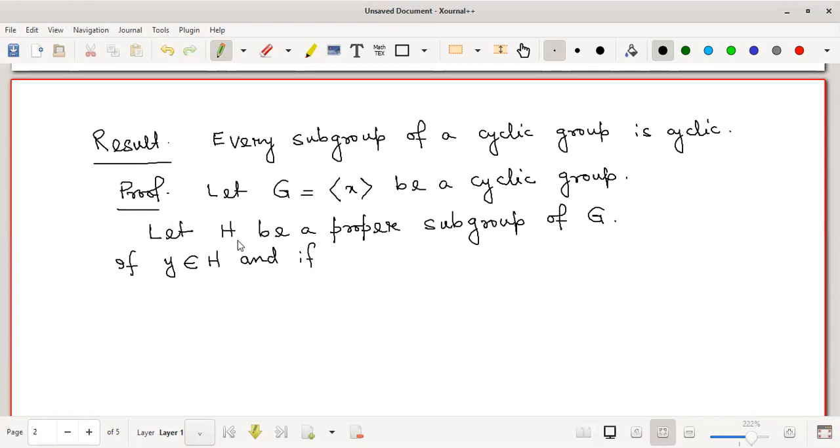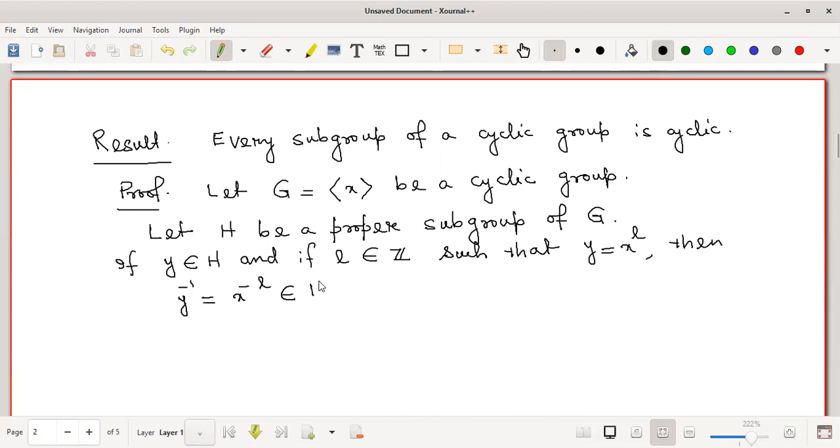As soon as I find a generator, my job is over. So what my argument is, if y belongs to H and if L is an integer such that y equal to x to the power L, then y inverse is equal to x to the power minus L also belongs to H, right?